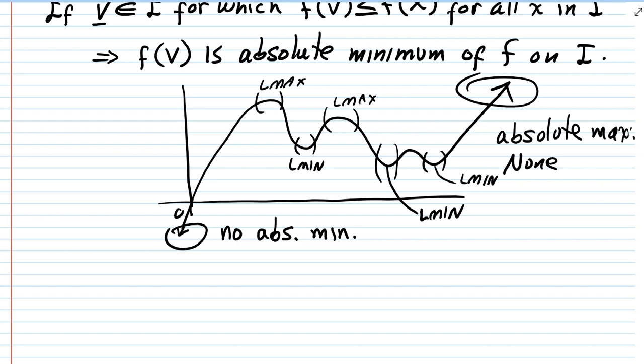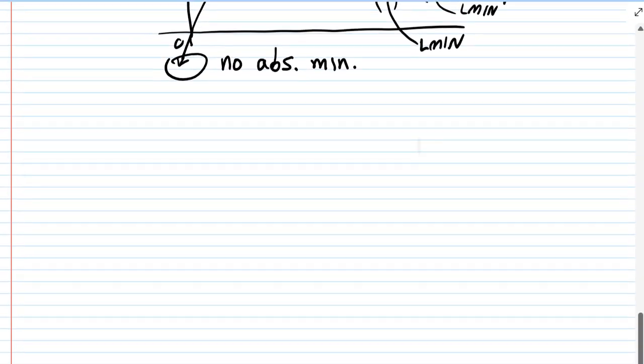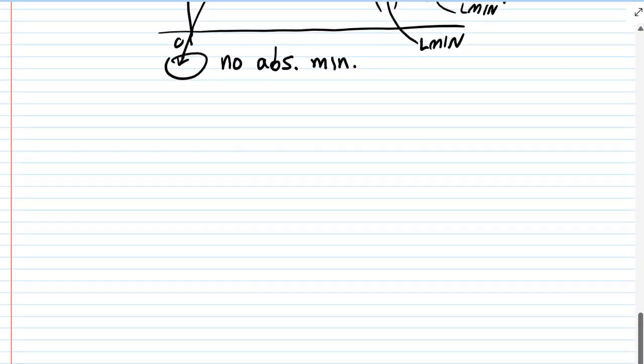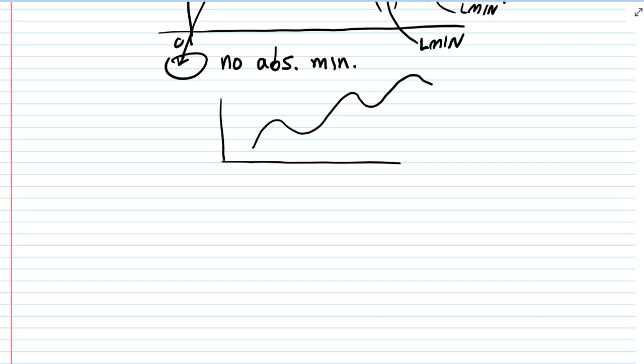Now, one thing to note is that sometimes the local minimum in one location is actually bigger than the local max elsewhere. For instance, suppose I have a function that looks like this.